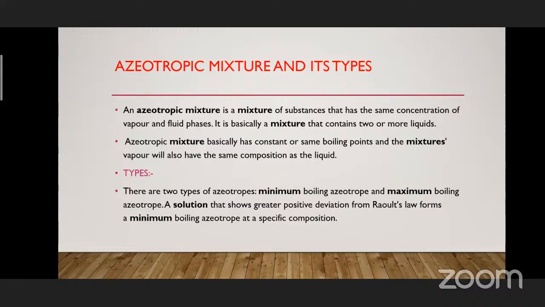Yes or no? Same thing in the solutions also. In azeotropic mixtures, the attractive forces between the solute and solvent are such that they have the same concentration in the vapor phase as well as the same concentration in the fluid phase. Such type of mixtures are called azeotropic mixtures.